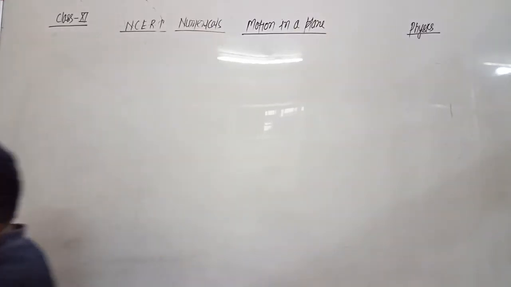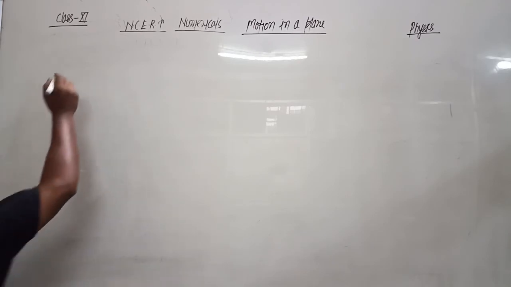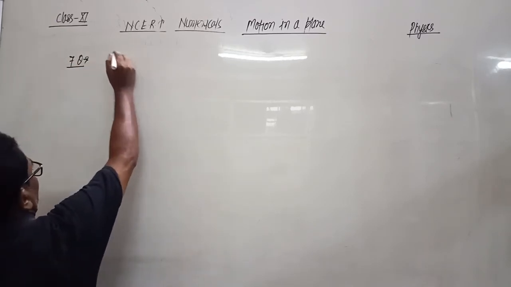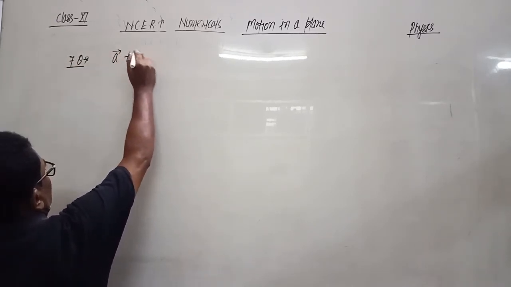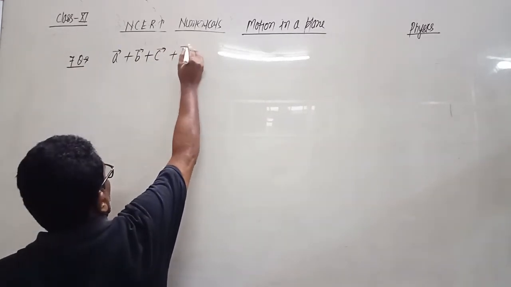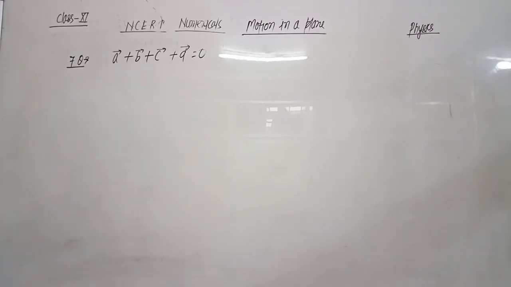In this question we are given vector A plus B plus C plus D equals 0, and we have to find which of the following statements are correct.